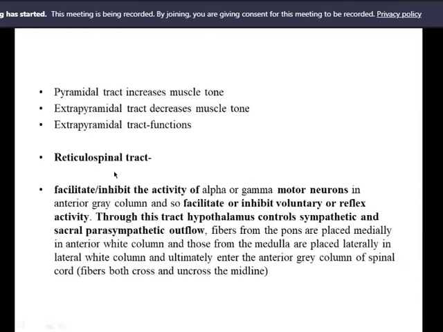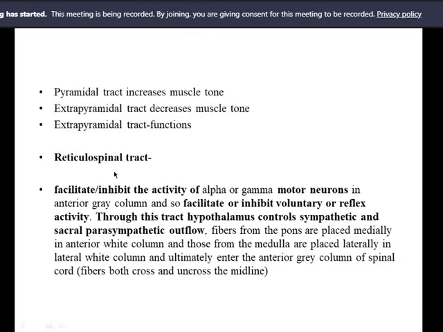And that reticular formation is sausage-like in structure. Think about the three-dimensional structure of the reticular formation, right? In midbrain there is reticular formation, in pons there is reticular formation, in medulla there is reticular formation.